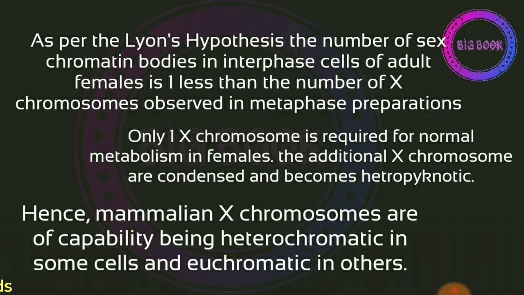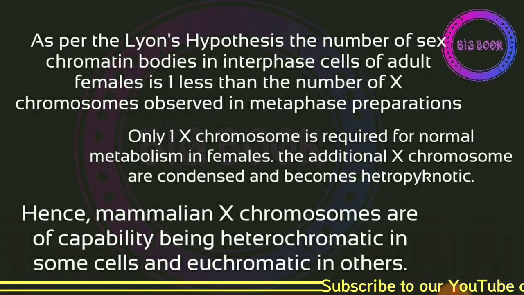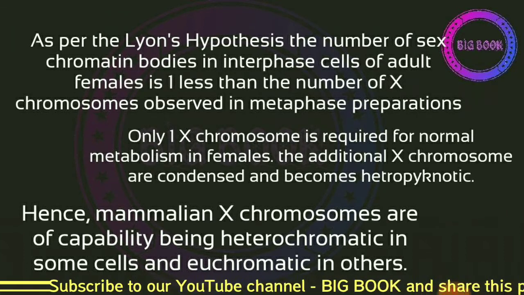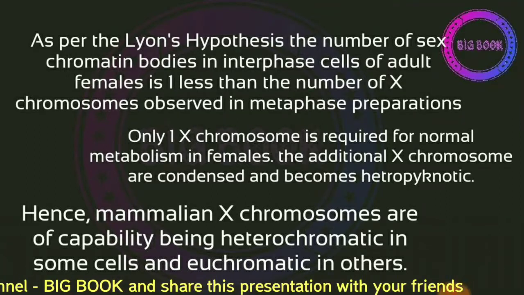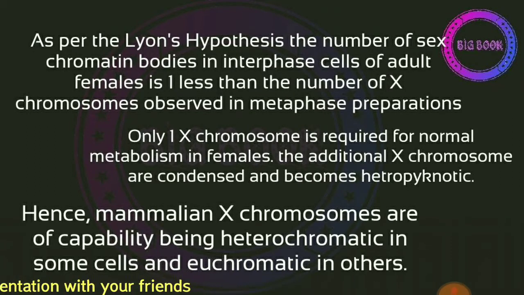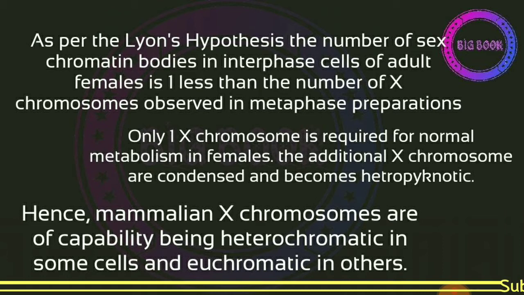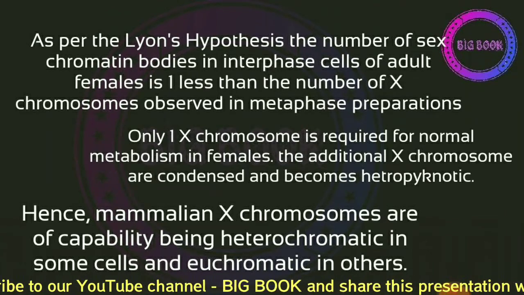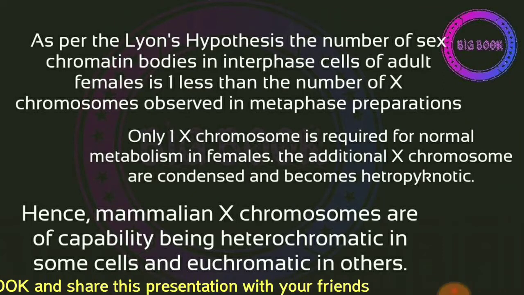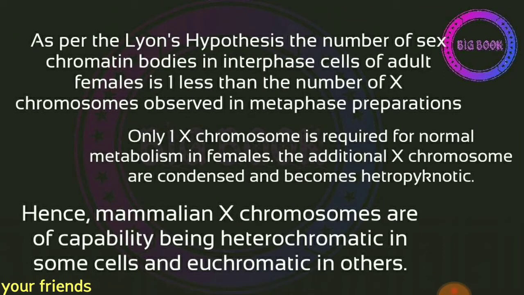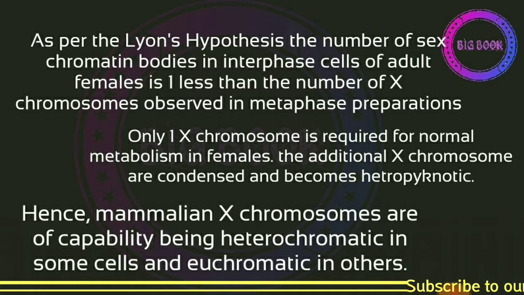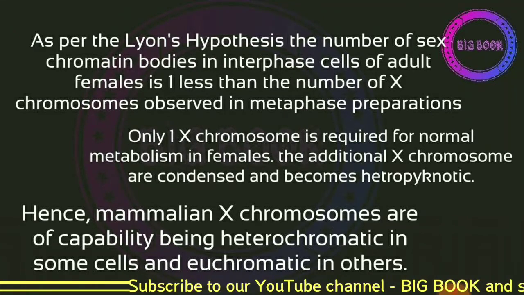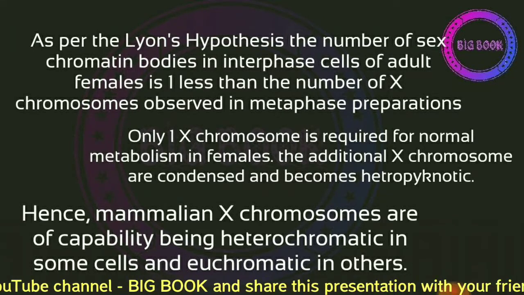Heteropyknotic refers to chromosomes which are densely or highly condensed. This densely or highly condensed form of the chromosomes is going to take high stain at its locations. So as the chromosome becomes heteropyknotic, it is going to be heterochromatic in nature.